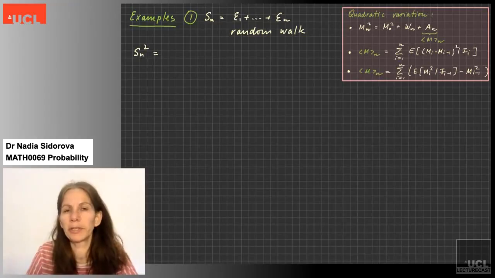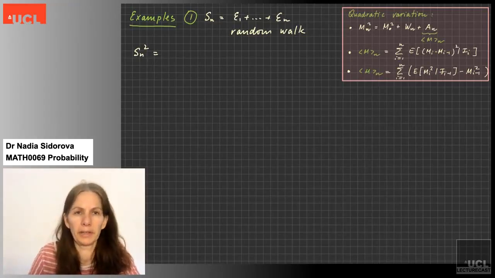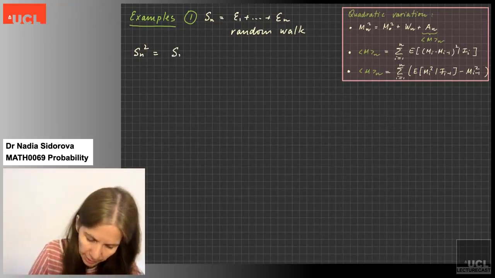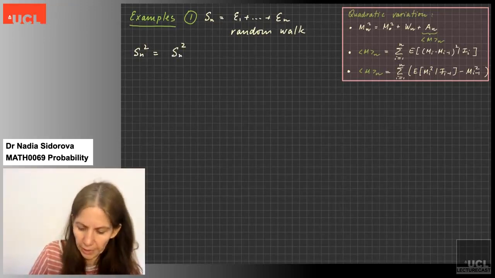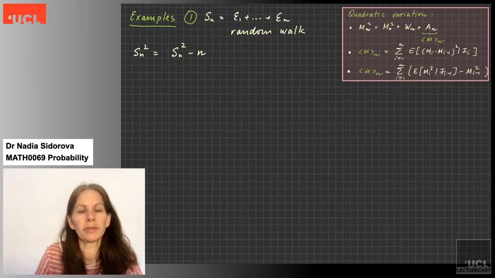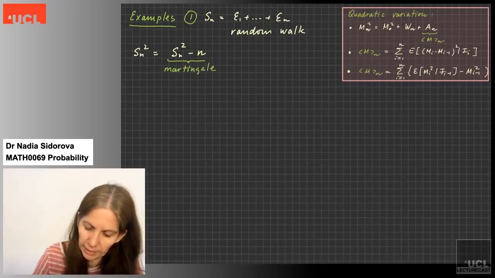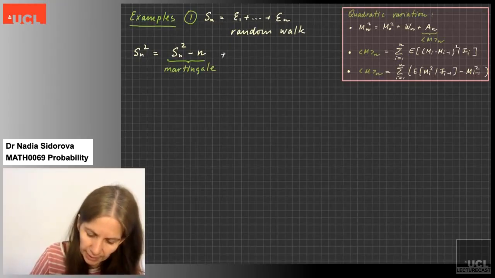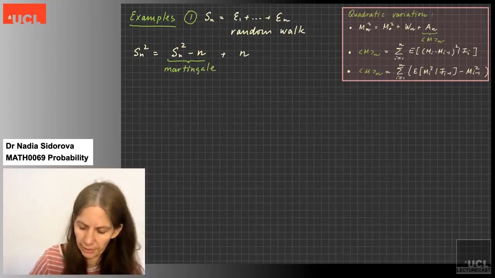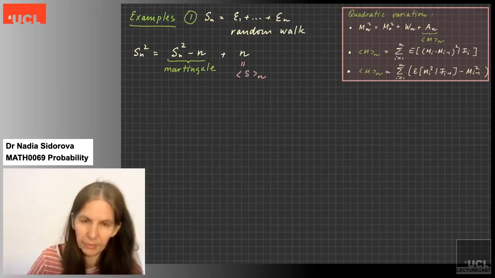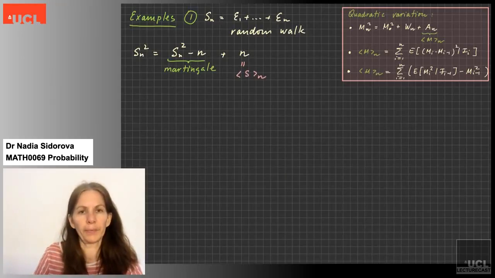But now split it into a martingale and whatever is left. And here we are just lucky because in some previous videos we proved that this process is a martingale. And then whatever is left is n, as simple as that, not even random.